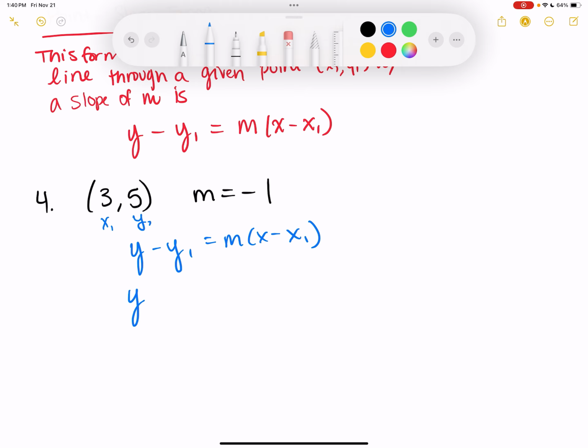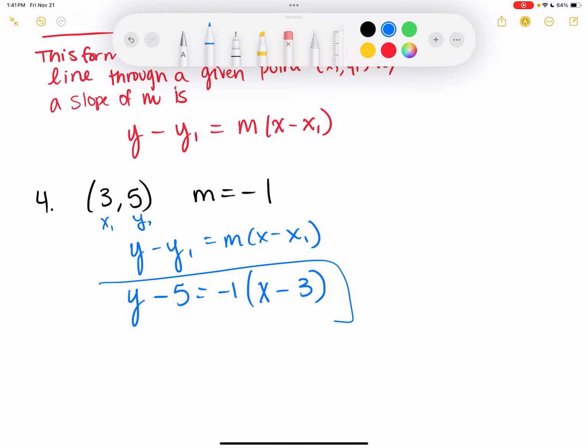So, y minus y1 is 5 equals m is -1 times x minus x1 is 3. So that's just the initial plugging it in. Actually, these ones don't say to do more than that. Never mind. These ones just want your answer in point slope form. That's all you have to do.